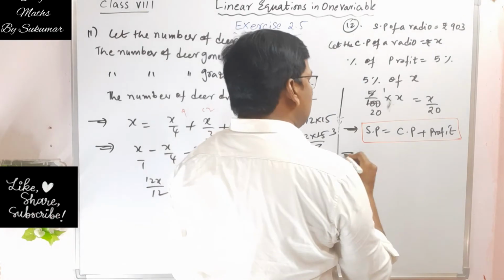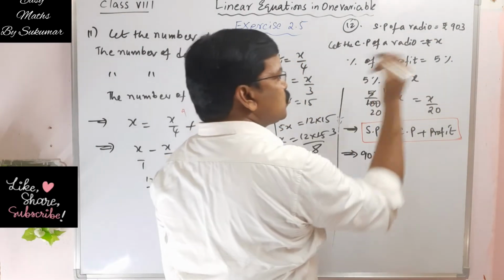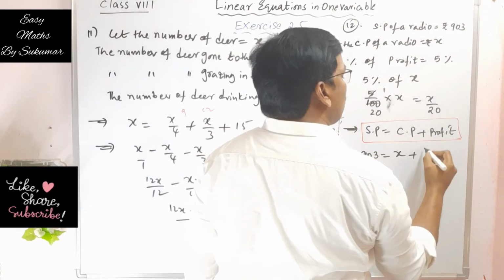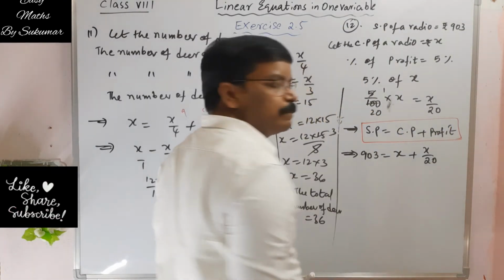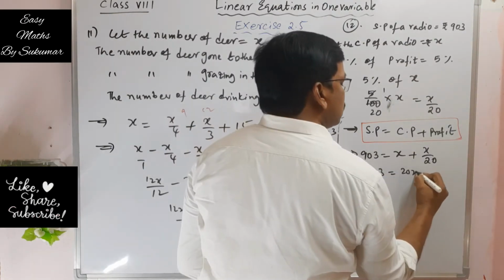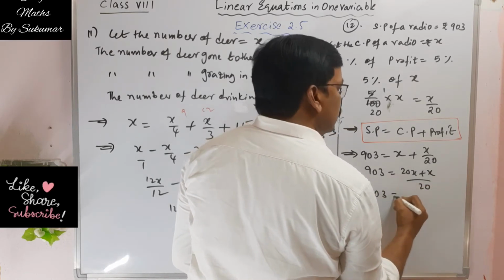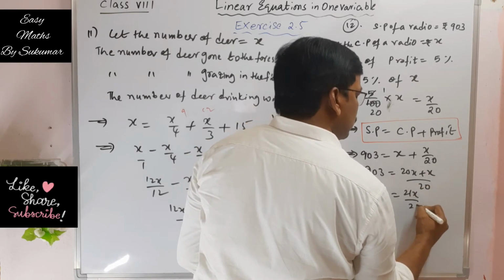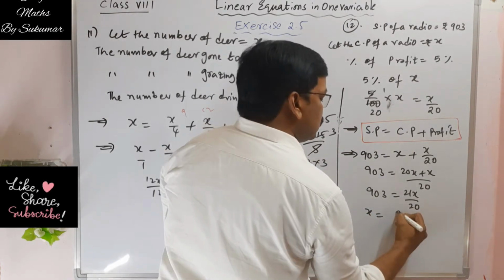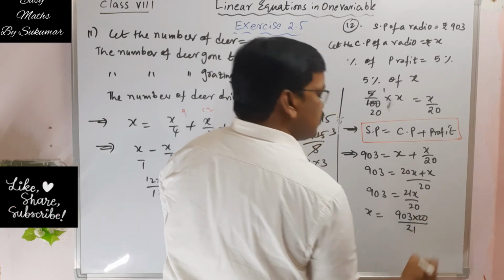So 903 is equal to the cost price, which we have taken as X, plus the profit, X by 20. So 903 is equal to X plus X by 20, so 903 is equal to 21X by 20. I want only the X value. That means X is equal to 903 into 20 by 21.